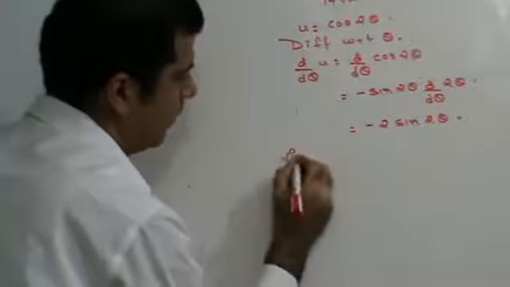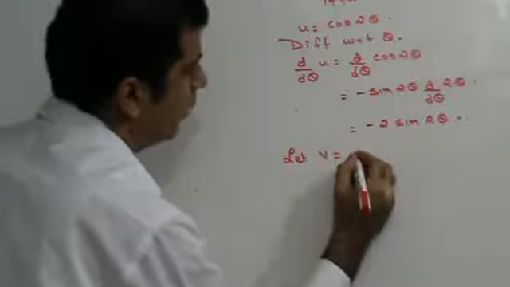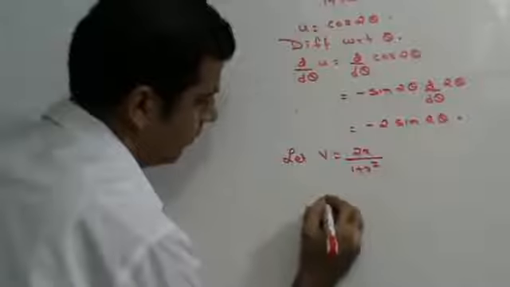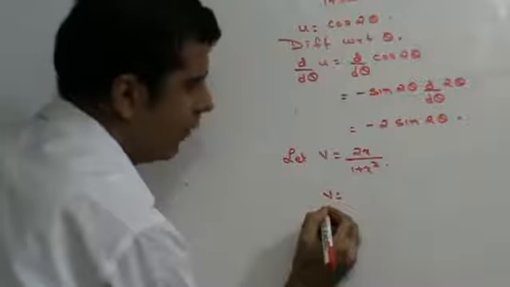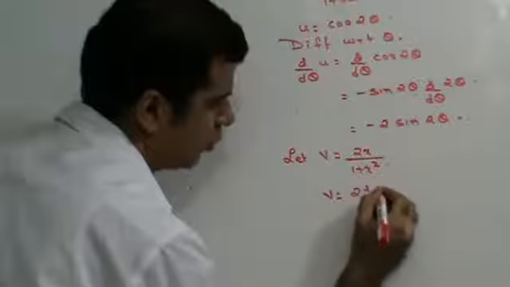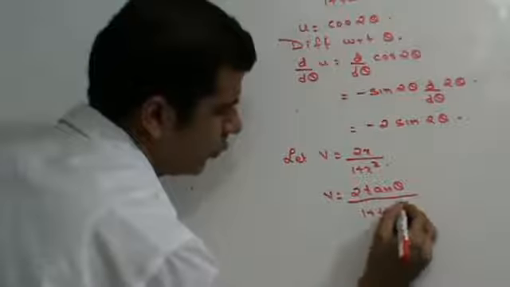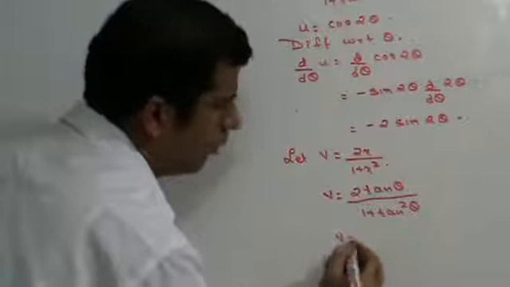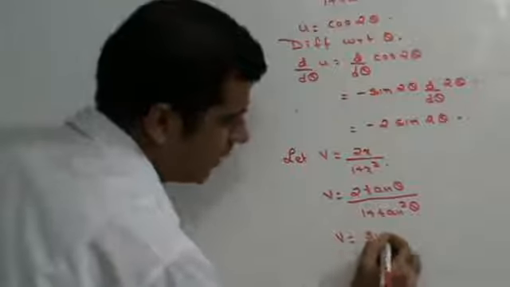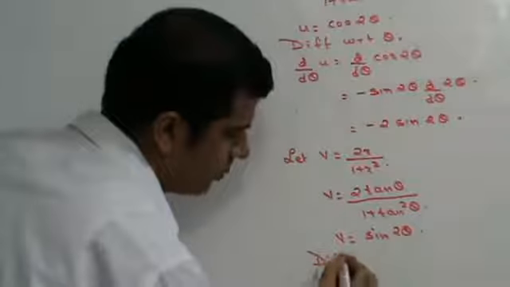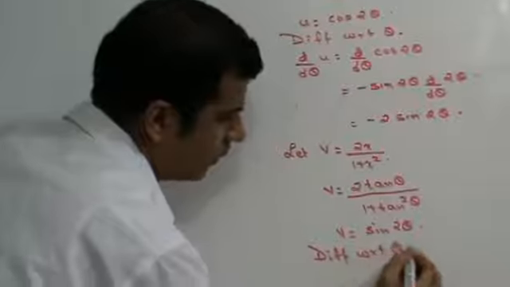Same way, let us assume that v is equal to 2x upon 1 plus x square. But we have assumed the value of x to be tan theta, so this is 2 tan theta upon 1 plus tan square theta, which is nothing but sin 2 theta. Differentiate with respect to theta.